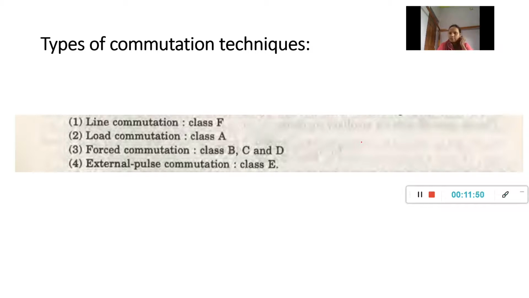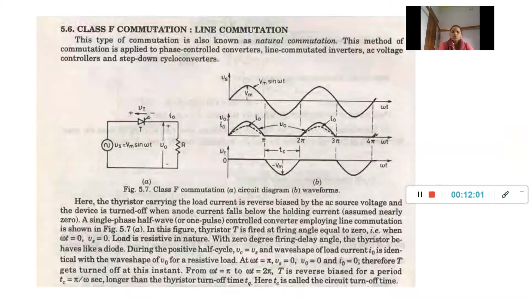So what are these different types of commutation? We will go through these one by one. First we will study line commutation or class F commutation. See the circuit diagram here and the waveform. This type of commutation is known as line commutation, or also natural commutation.